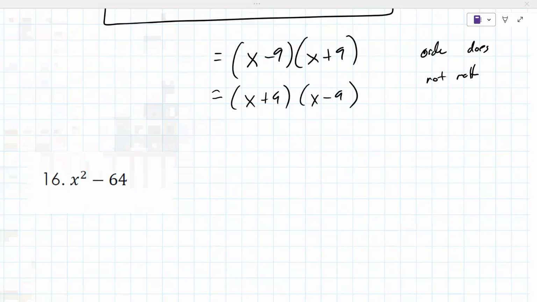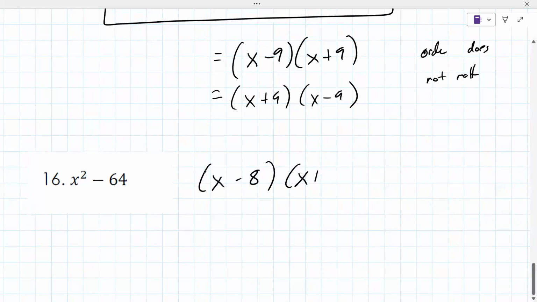All right. I got x minus 8 times x plus 8. You are correct. Let's see if there's any others on that page. 24 is a repeat of one we already did, x squared minus 81.